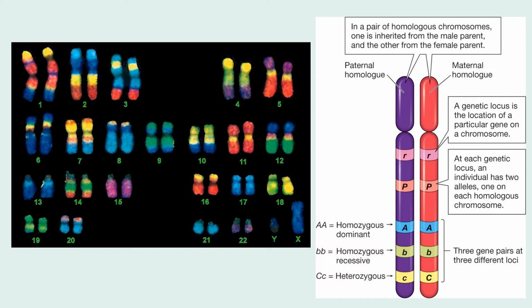On the right-hand side, it's showing a pair of these chromosomes, and we call these pairs homologous chromosomes. Homologous means the same, so it's the same chromosome, but you've got two different versions of it. You have one from your dad, which is the paternal, and one from your mother, which is the maternal.